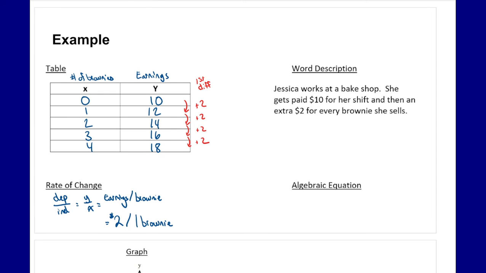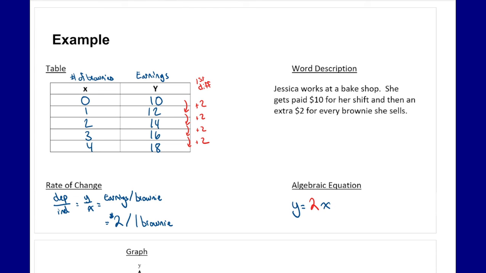Now, if we want to come up with an algebraic equation, Y and X are going to stay variables. They represent any amount of earnings, and any number of brownies. The M represents the slope or the rate of change, which is 2. So every 1 brownie, we're increasing by 2. And then the B value is our constant, our initial value, our Y-intercept.